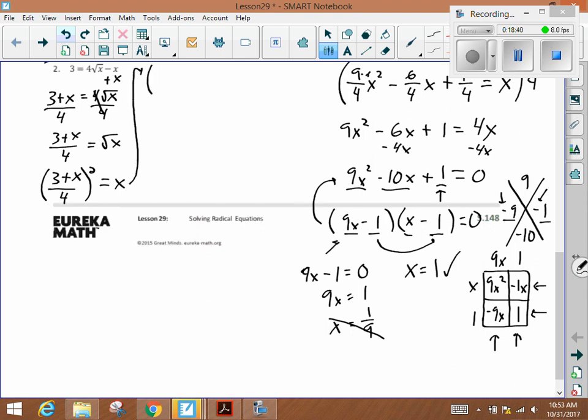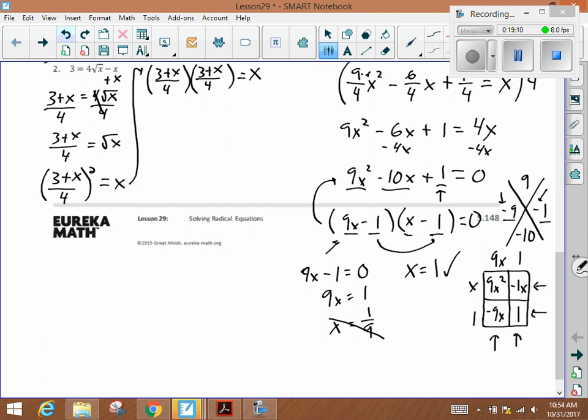And I'm going to actually write that, right? 3 plus x over 4 squared is 3 plus x quantity divided by 4 times itself equals x. Now, be careful. Remember, in the last one, I showed you that you can multiply 3 by 4 and get that denominator to go away. Don't do it yet. You have to actually FOIL this thing out before you do that.